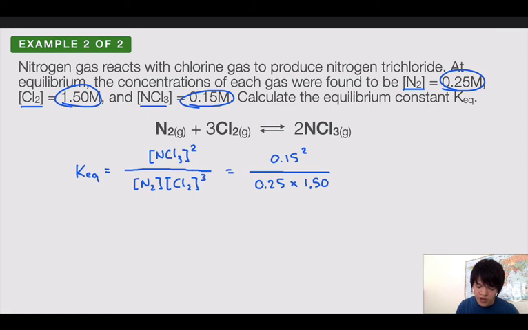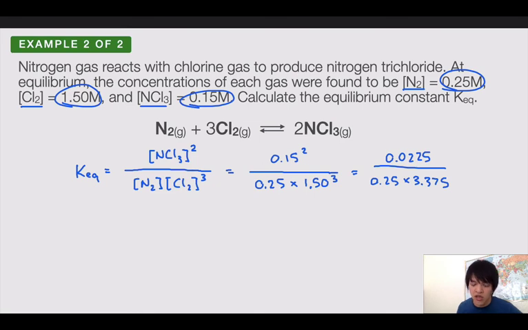And then we're going to cube this because there is a cube when you're writing the equation. Okay, now I'm going to show you simplified what the squared and cubed values are going to be. On the top, this simplifies to 0.0225. And on the bottom, we have 0.25 times 1.5 cubed is 3.375 if you type that in the calculator.